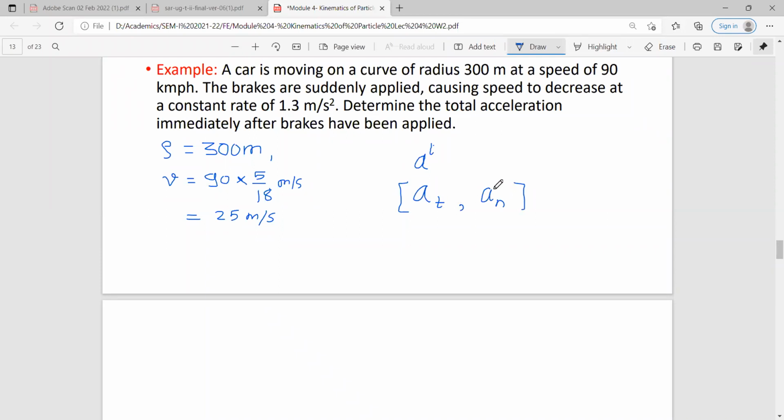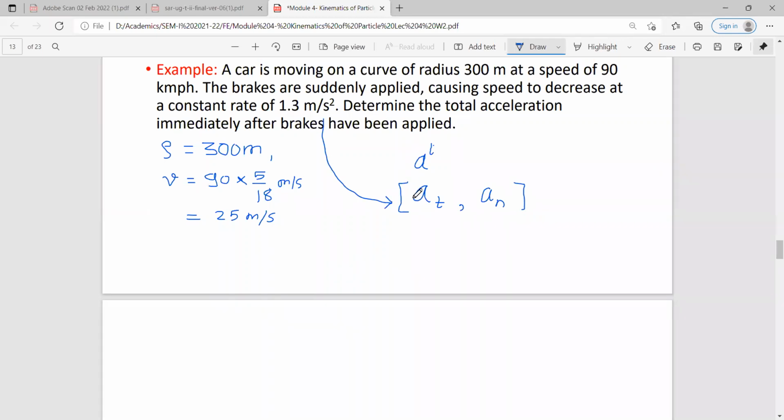One is tangential, one is normal. So this value of acceleration, which is negative acceleration, which is given to you, is tangential component or a normal component? कौन सा है ये? Tangential. Correct.